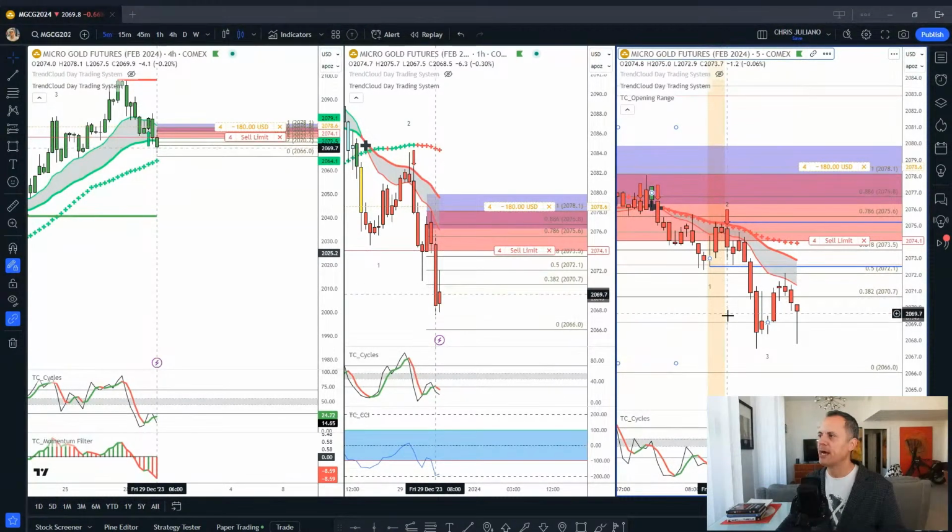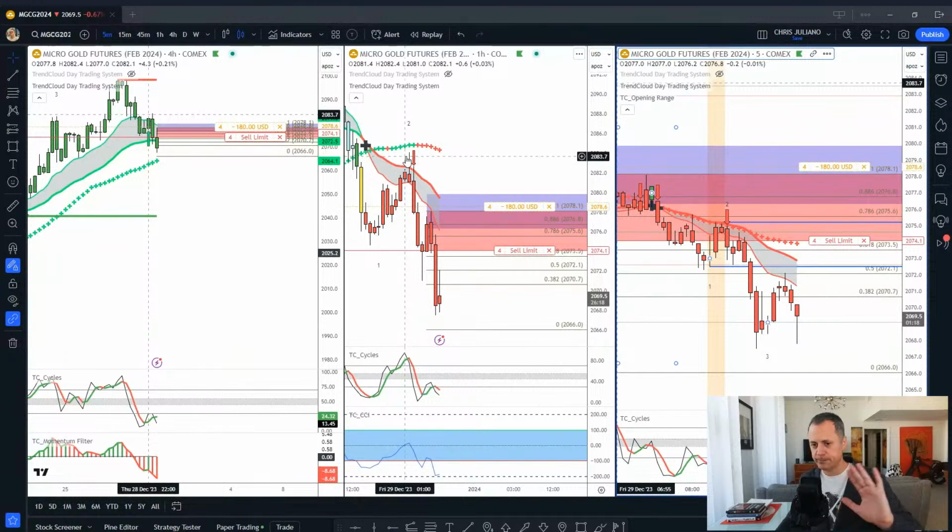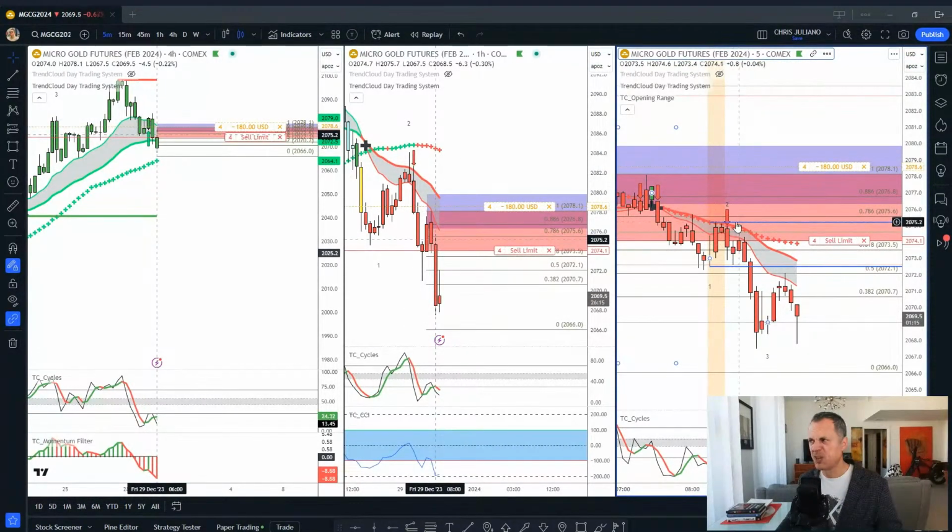And I can't even tell you how many times we've done this, okay? The TrendCloud signals on the 5-minute chart, if you line it up with momentum on the middle time frame and the high time frame, if you line this signal up with momentum and trend, you've got yourself a very good chance of making money, okay?